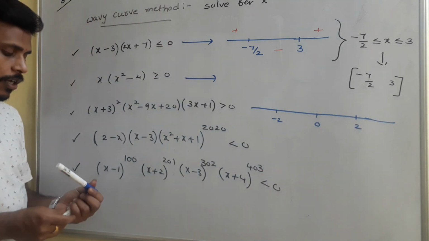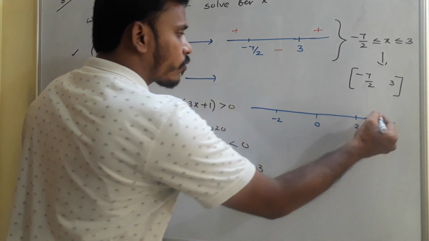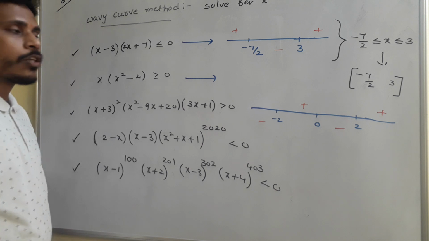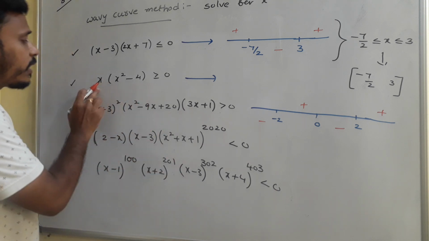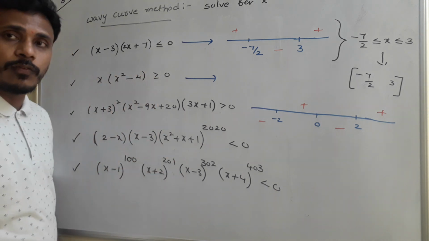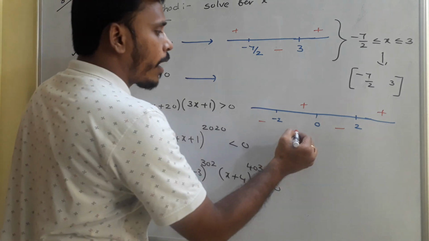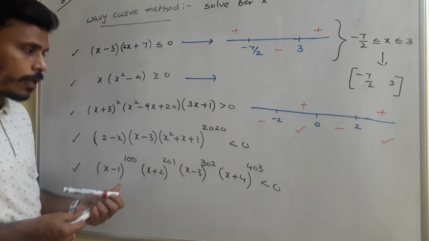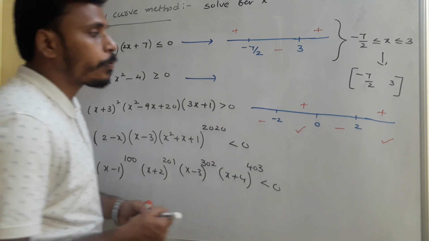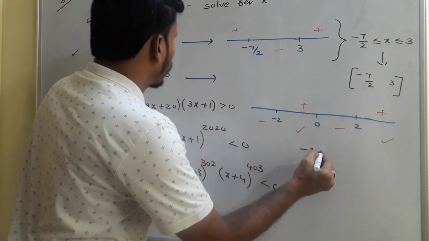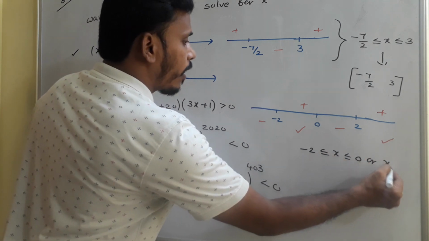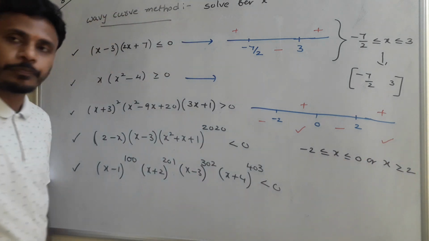Again, according to the wave curve method, the right side is positive, negative, positive, negative. We need whenever this product is greater than or equal to 0, so we pay attention to the positive regions. The polynomial is positive when minus 2 is less than or equal to x less than or equal to 0, or x greater than or equal to 2.